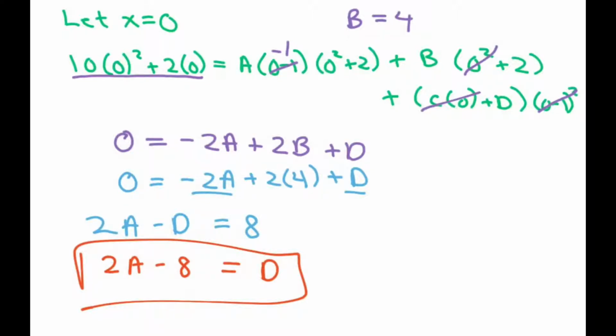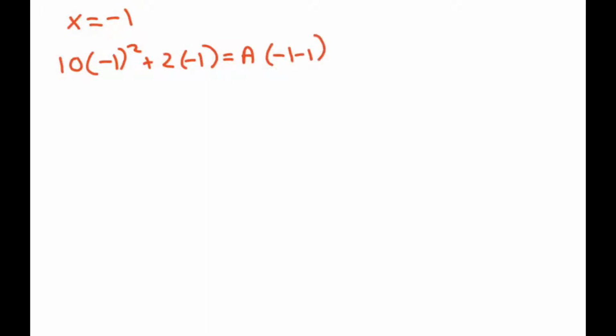All right, next we are going to let x equals negative 1. If we have x equals negative 1, we're going to get 10 times negative 1 squared plus 2 times negative 1 equals a times negative 1 minus 1 times negative 1 squared plus 2, plus b times negative 1 squared plus 2.